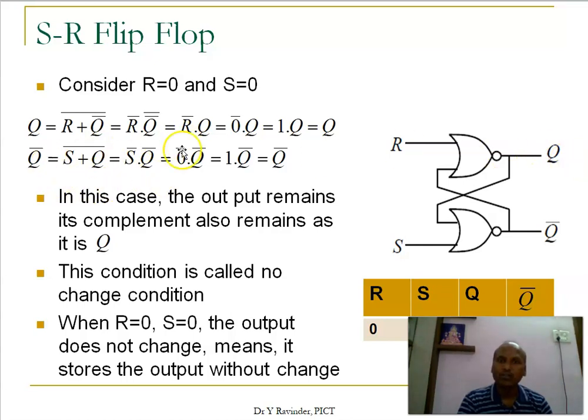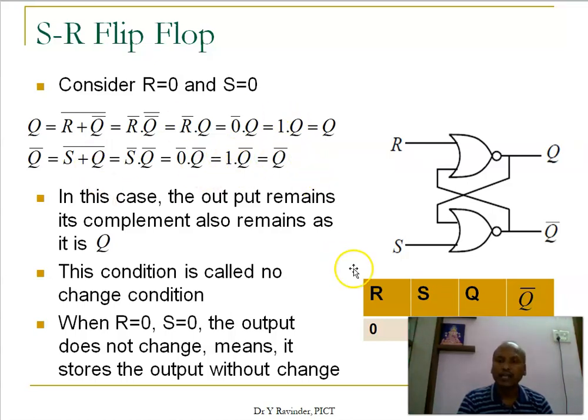Now I can also check it here. Q bar is equal to Q plus S whole bar. So S bar dot Q bar. Then S bar, S is 0, so 0 bar is 1 and Q complement. So Q complement as it is.